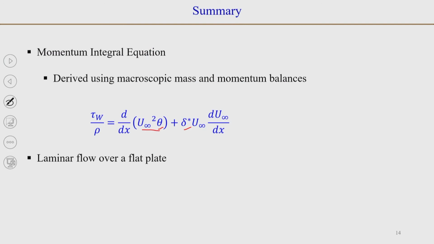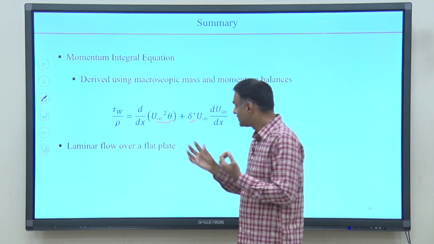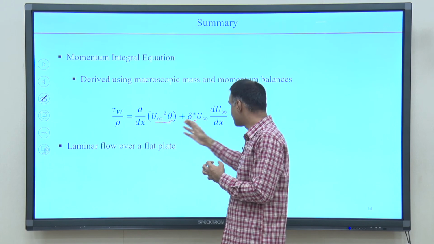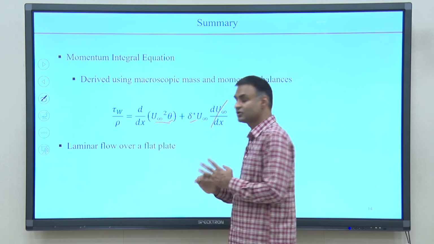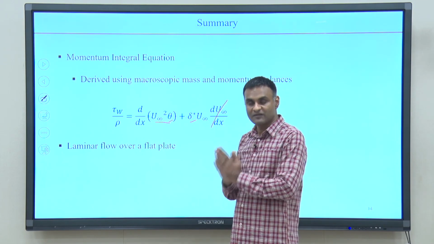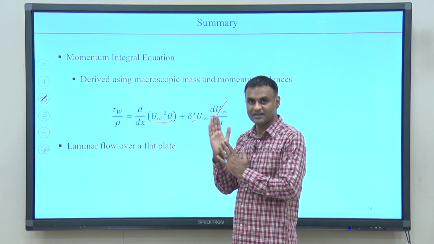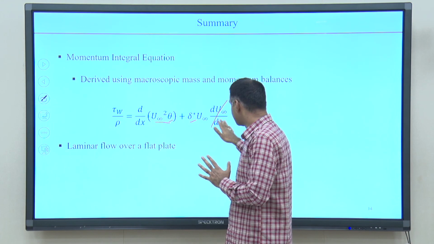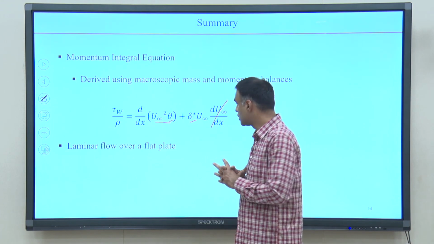We needed, of course, u infinity, we needed theta, and we needed tau w to find delta. So, because this term will become 0 over a flat plate, the pressure gradient is 0, and the gradient of the free stream, du infinity by dx, is also 0.